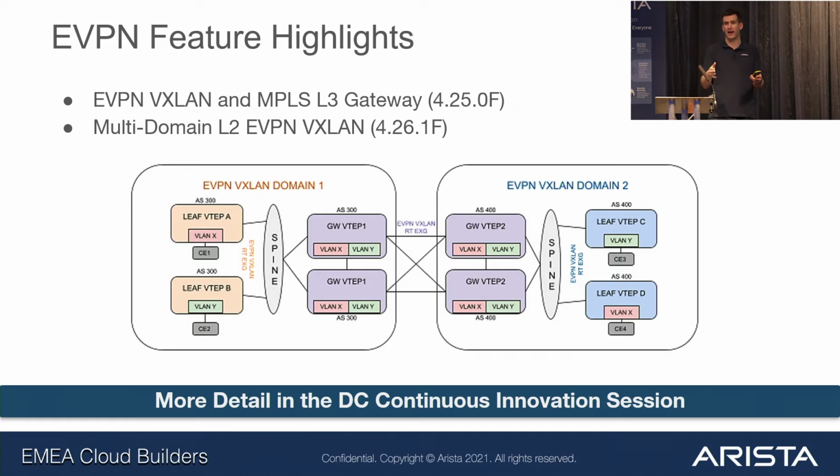And rather than having a handoff between the two, you can do the conversion on a single device. So it gives you the ability to stitch EVPN domains together and also stitch between VPN v4 or VPN v6 domains into EVPN. And then, of course, multi-domain layer 2 EVPN, which can be used for DCI, but is actually quite useful to scale large EVPN designs as well. And I'll be explaining that later on too.